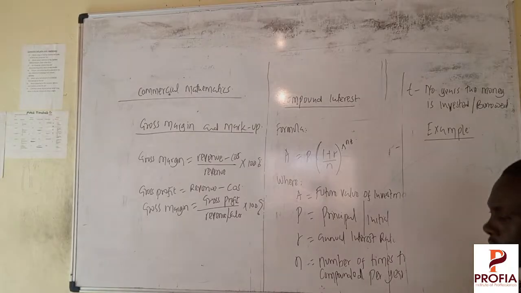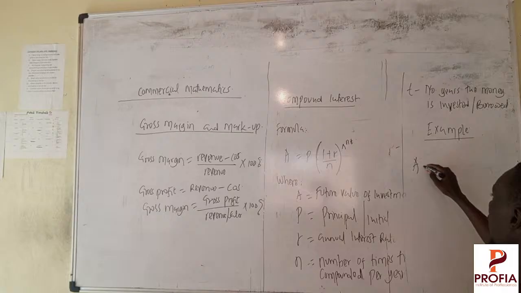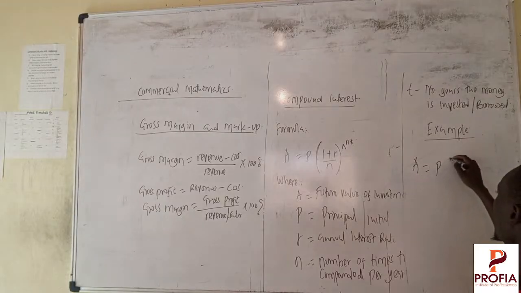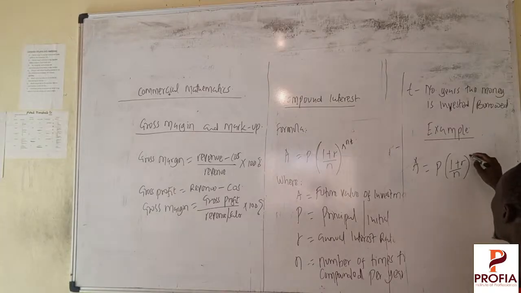So the formula of getting amount, we've said, is principal into 1 plus r over n, raised to nt.